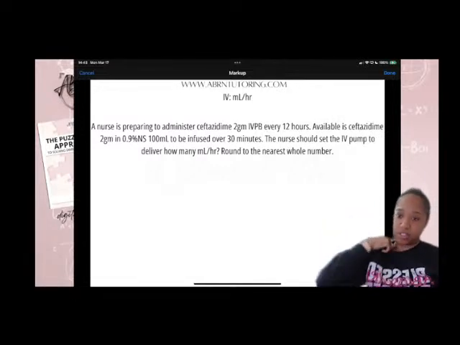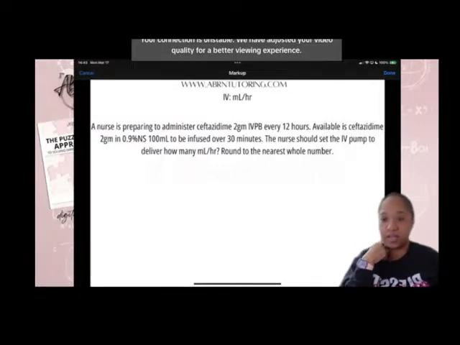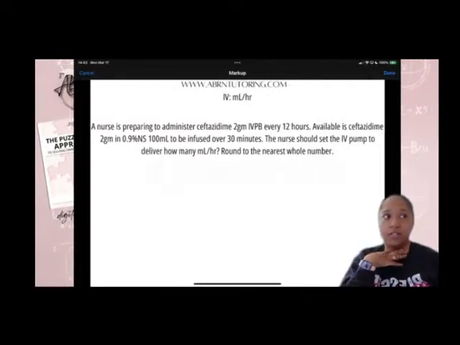So a nurse is preparing, which is IV piggyback, every 12 hours. Available is 2 grams in 0.9% normal saline. 100 milliliters is to be infused over 30 minutes. The nurse should set the IV pump to deliver how many milliliters per hour, and you're going to round this to the nearest whole number.